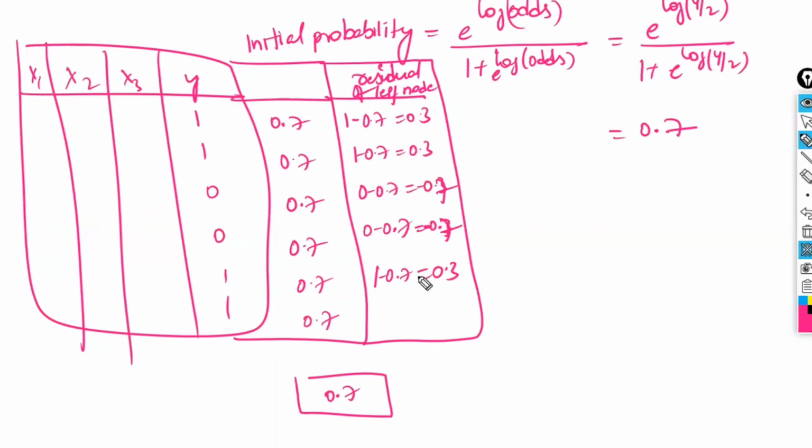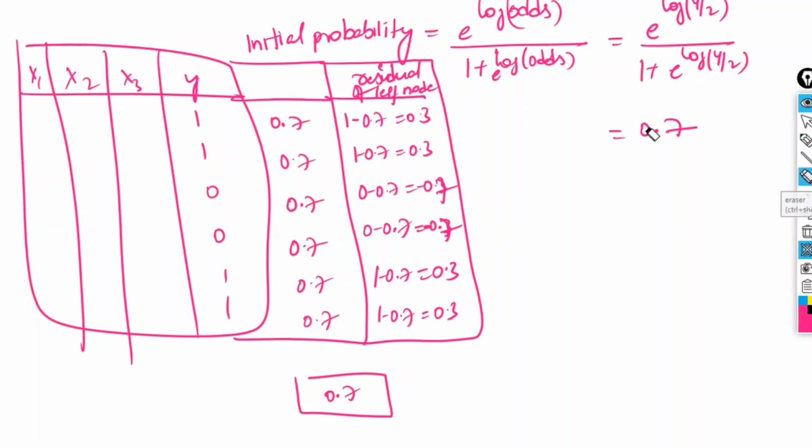Okay, you write like this. One more column create, that is called residual after the leaf node.